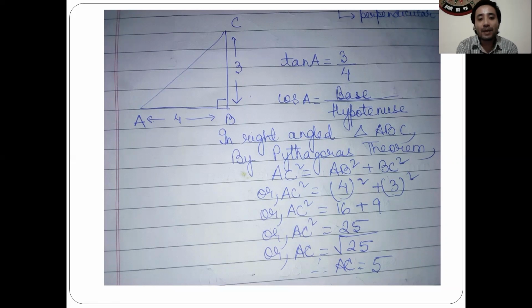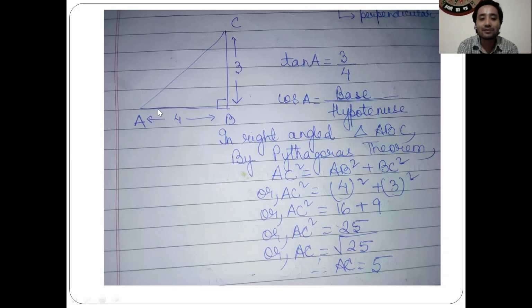All right. So by Pythagoras theorem, if you remember, how was it defined? Square of the hypotenuse is equal to the sum of the squares of the other two sides. So what is my hypotenuse here? AC. AC square is equal to the sum, that is plus, of the squares of the other two sides, leaving the hypotenuse.